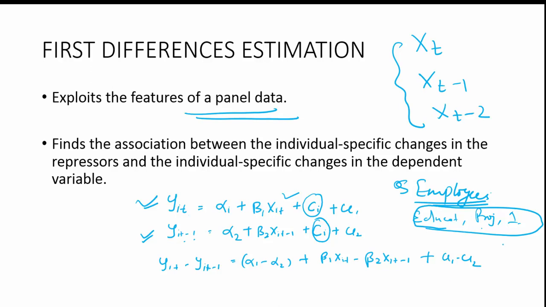For instance, the IQ level, right? So if you compare two employees with the same education, same years of experience, same number of projects, you still find a difference in the salary. That could be because of the IQ level of the two employees.